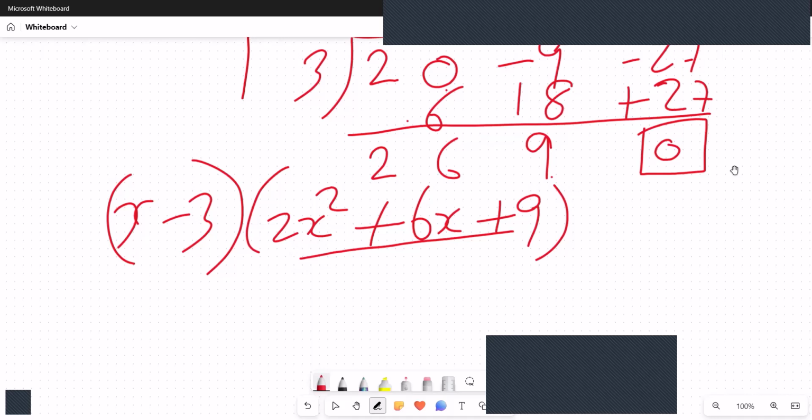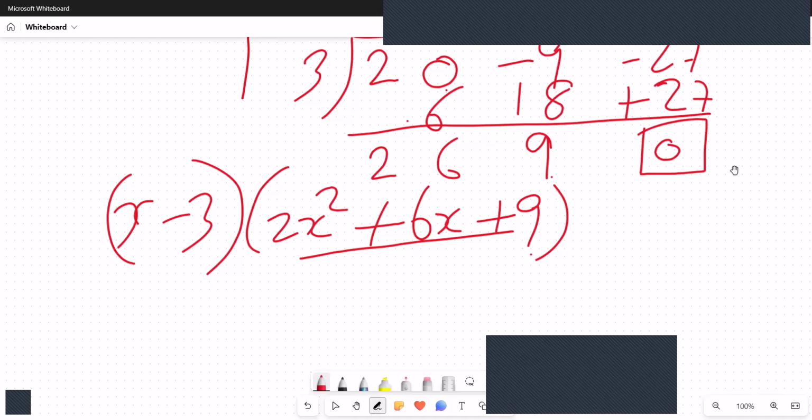Okay, so I can say 2 times 9 is 18. Is there any way I can manipulate 6 to get 18? If I cannot factor this out, then I can use the quadratic formula. So let's see, 2 times 9 is 18, and the factors of 18 are 3 and 6.